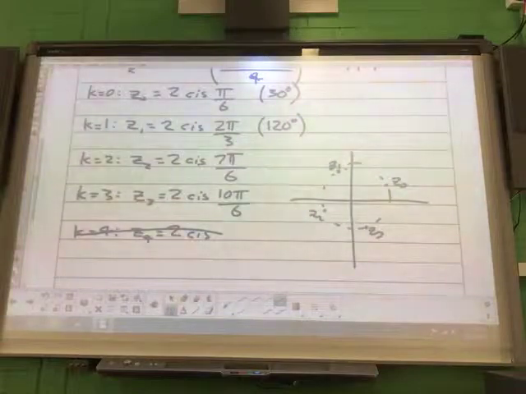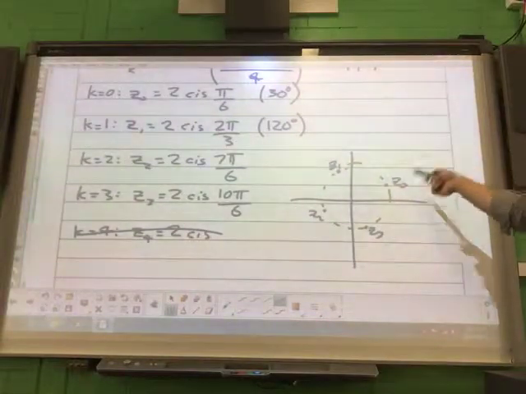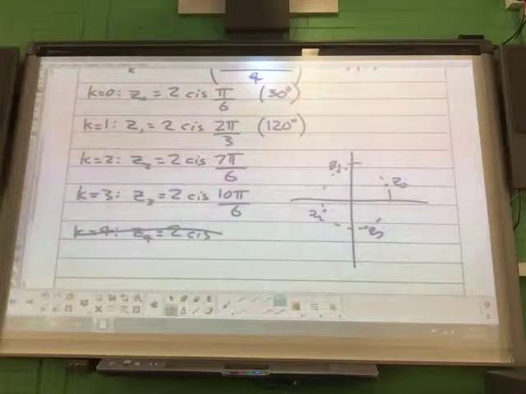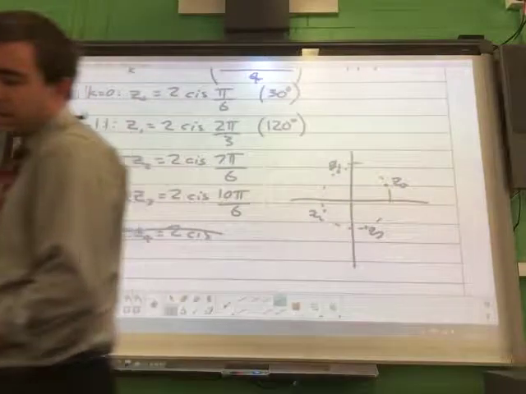Or we can just work out the first solution here and multiply everything by I, because when we multiply by I, it gives us a rotation of 90 degrees in an anti-clockwise direction. So that's your technique and that's your skill to look out for when you're working through these questions. Any questions on that?